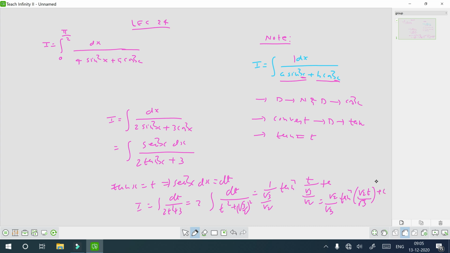Now what is t? t is equal to tan x. So that comes out root 2 by root 3 tan inverse root 2 tan x by root 3 plus c. This is the answer, whenever numerator is 1 and denominator quantity is a combination of sin square and cos square x.